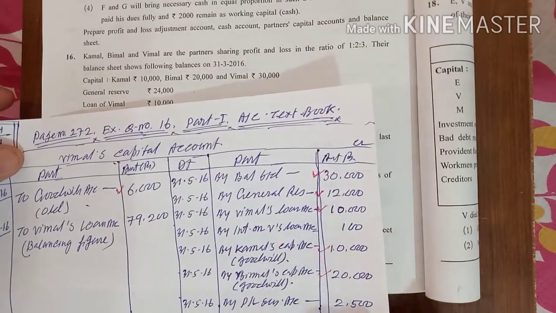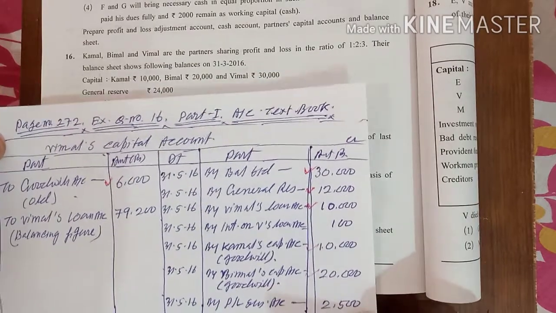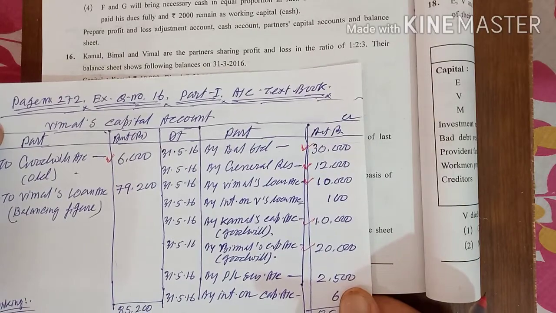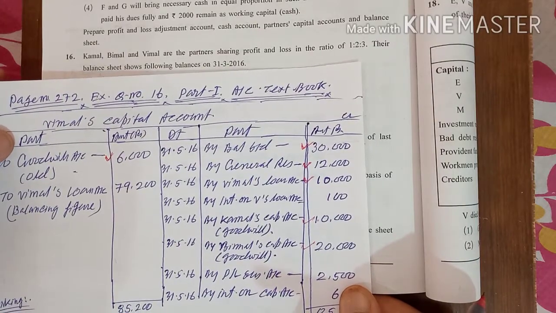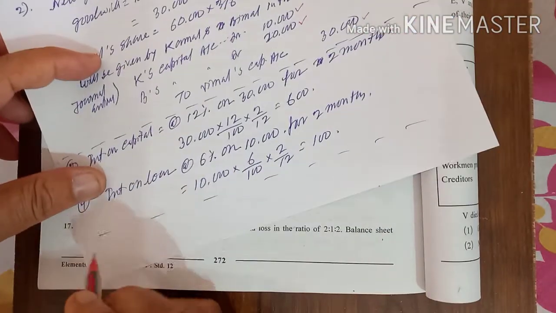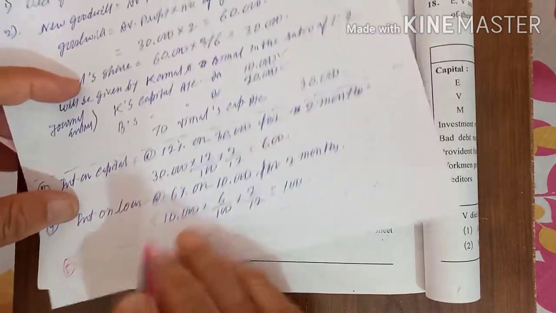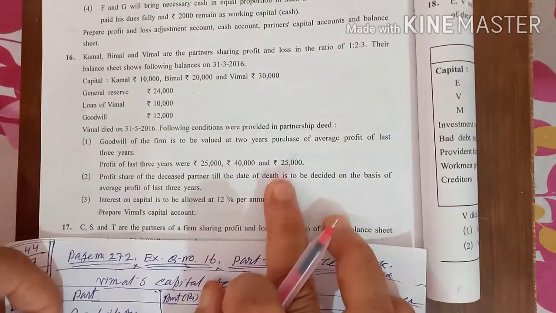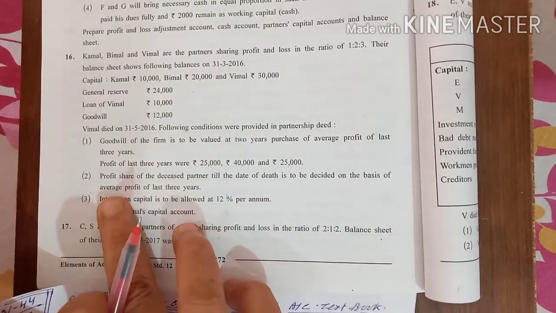How much is coming here? Profit is coming 2,500. How is 2,500 coming? Maybe I forgot to calculate it here, so let me calculate it. Last year's profit is coming 25,000. What is given here?